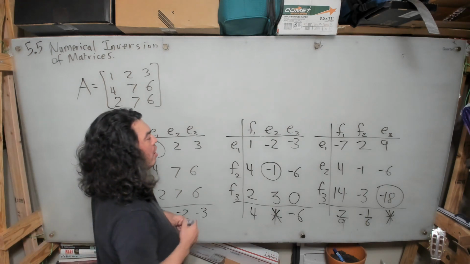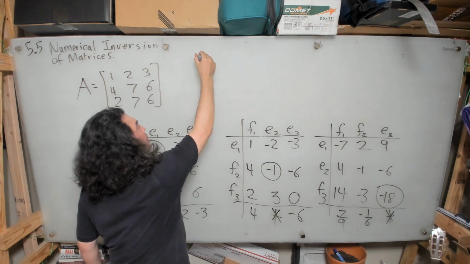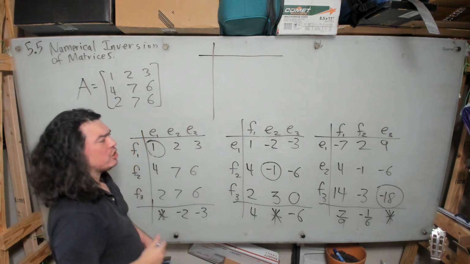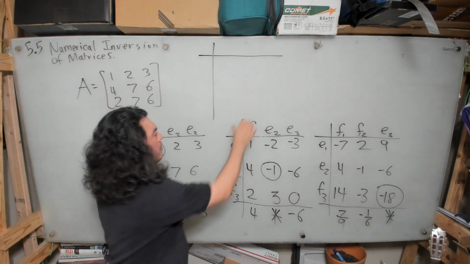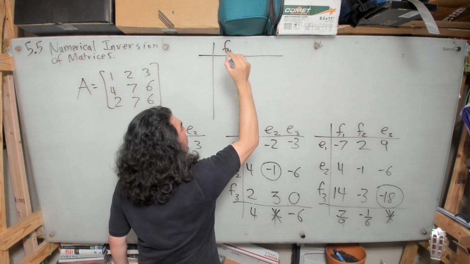Okay, so let me do that one up here so we don't lose any of our beautiful exchange tableaus. One of the things I want you to notice here is how little space this takes up. It's a very nice technique in that regard.